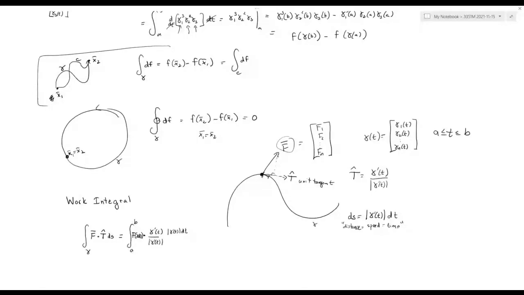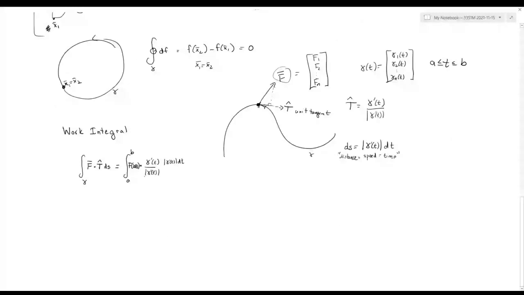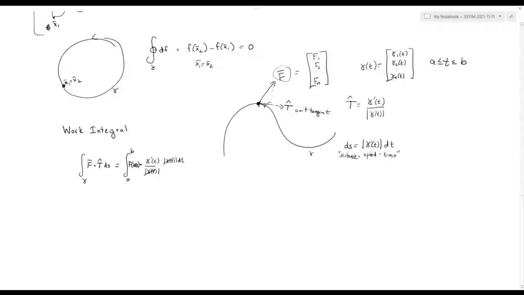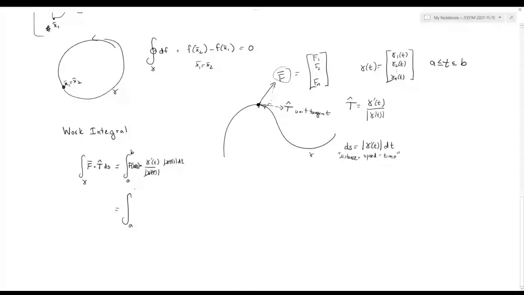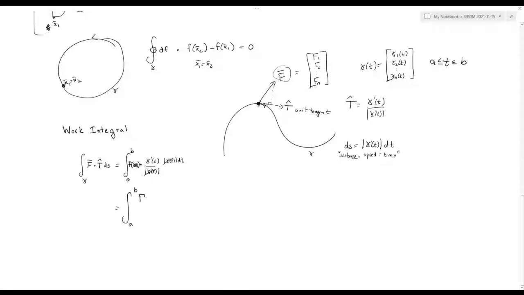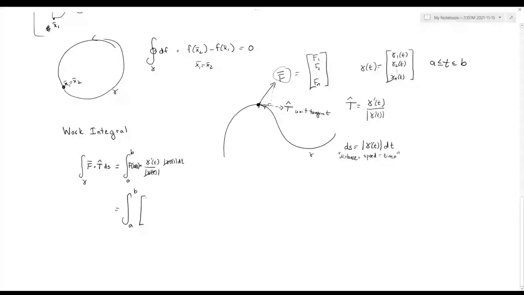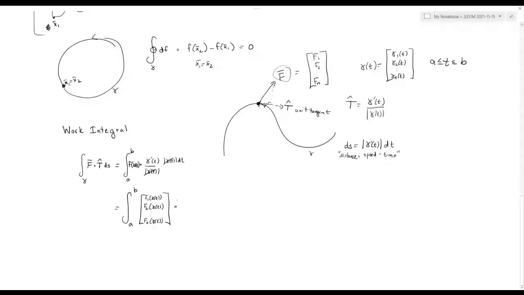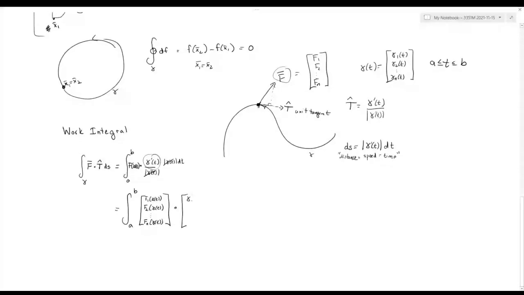All right. So notice that the magnitudes of gamma prime can cancel, and now we can write f as a vector, so f has components. And gamma prime, we differentiate each component of gamma with respect to t.